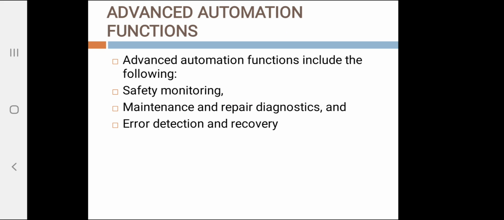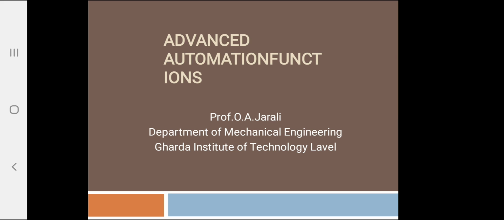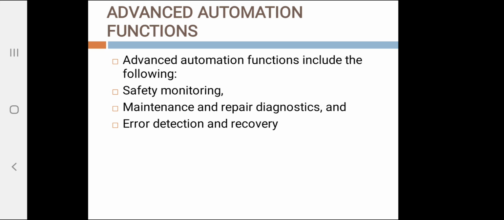At the completion of the recovery procedure, the program execution reverts back to normal operation. So these are some advanced automation functions. We discussed today safety monitoring, maintenance and repair diagnostics, and error detection and error recovery systems. This is a very important part of automation.